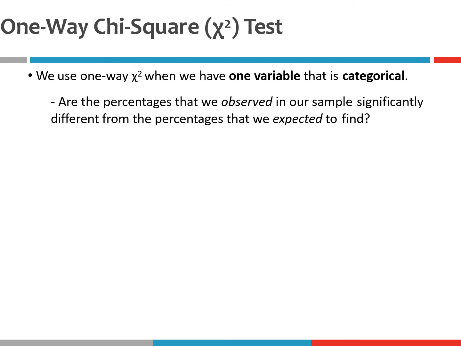We could enter 1 for Republican, 2 for Democrat, and 3 for independent perhaps. Okay? So essentially what we're asking when we conduct a one-way chi-square test is we're seeing if the percentages that we observe in our sample differ significantly from the percentages that we would expect to find in the population, right?